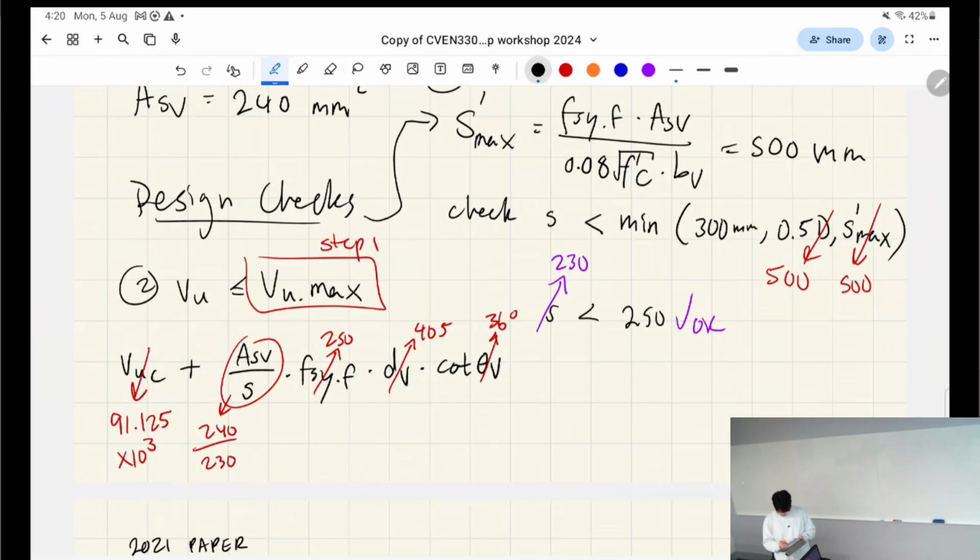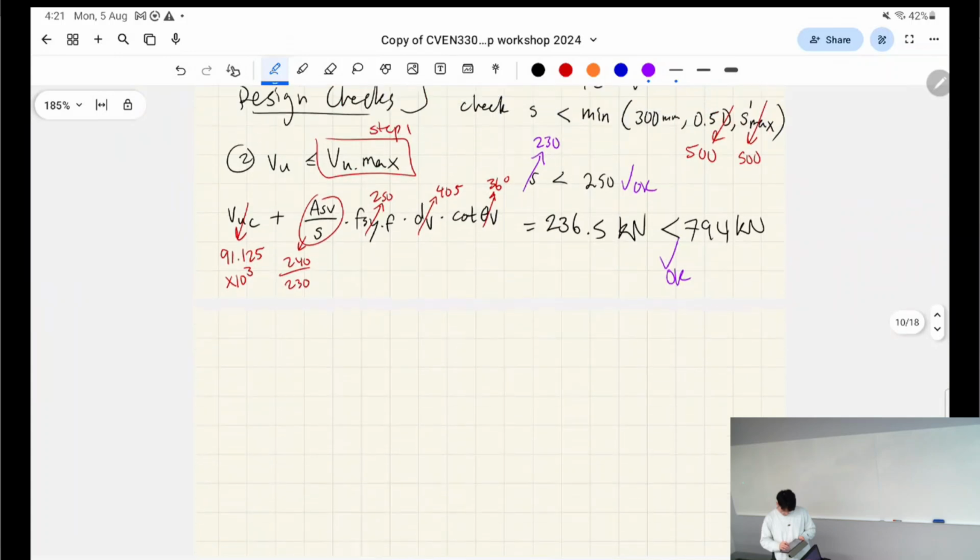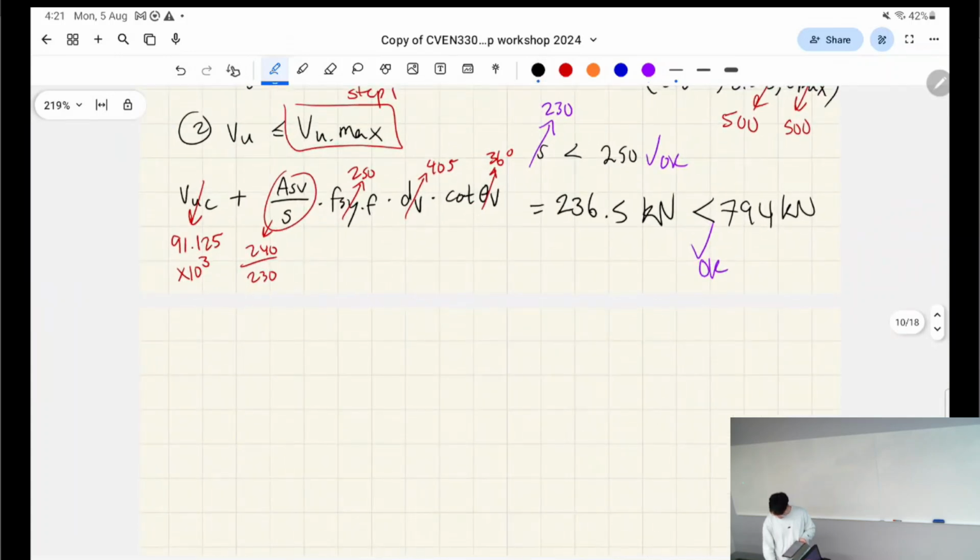We'll do everything in newtons, keep it dimensionally consistent. And then we're going to convert all of that. When we divide that by 1000, it will give us kilonewtons, right? So that is less than the web crushing failure, which is 794, right? And so that's okay. All right. That's our second check.